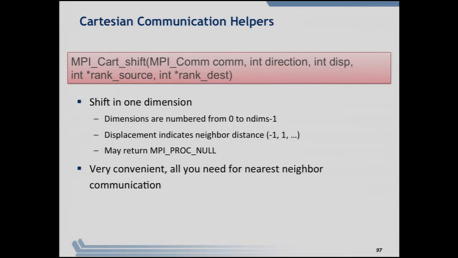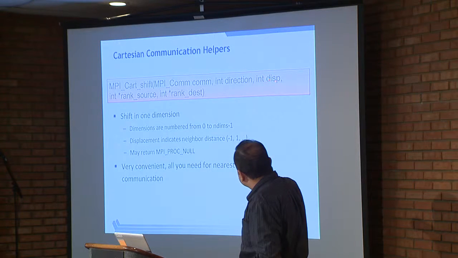And the other useful functions are to know who your neighbors are. This function tells you, in any dimension, who is my neighbor. So if you want to know who is my neighbor, the top, down, left, right, you can even find the neighbor, not the immediate neighbor, but with a skip. So not your first neighbor, but that neighbor's neighbor also you can find, and that is this displacement function.